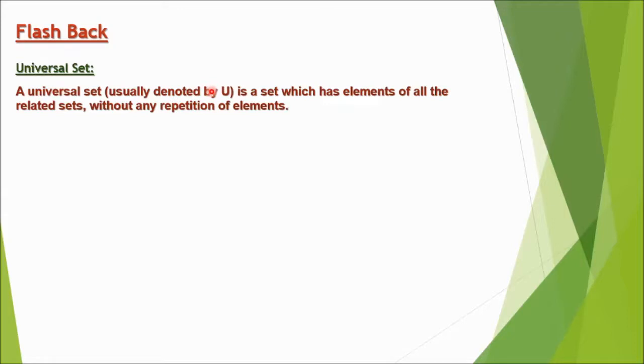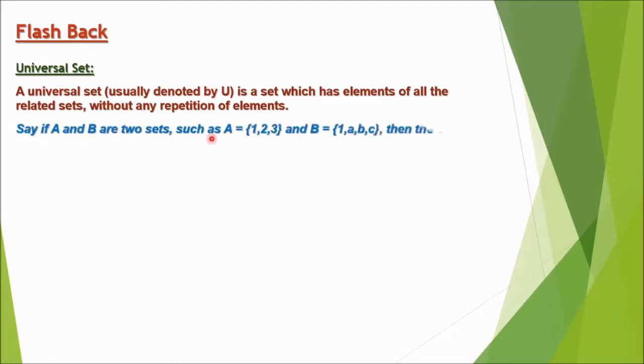Now that is universal set. Say A and B are two sets, where A has the elements 1, 2, 3 and B has the elements A, B, C. Then the universal set associated with these two sets is U = {1, 2, 3, A, B, C}. Now you can see U includes each and every element of sets A and B. So U is the universal set related to sets A and B.